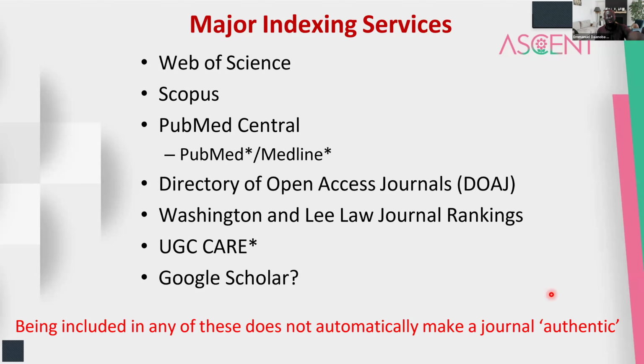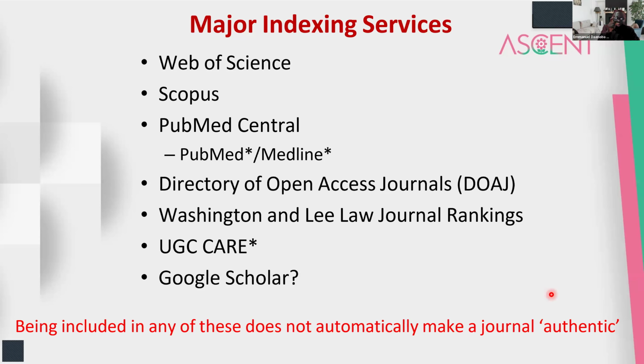Now, Google Scholar, is it one of them? So they say it is indexed in Google Scholar. I mean, that is not such a big index that you should be priding yourself with. The ones that you should be looking for are Web of Science, Scopus, and all that.